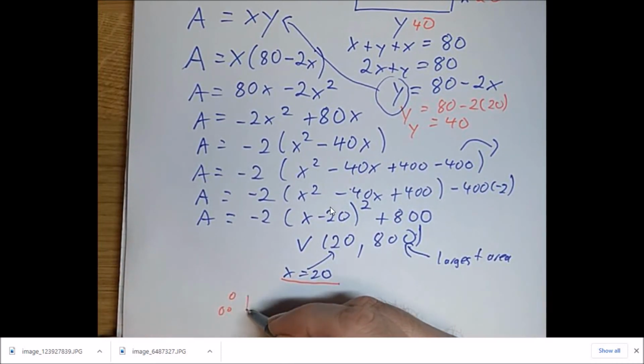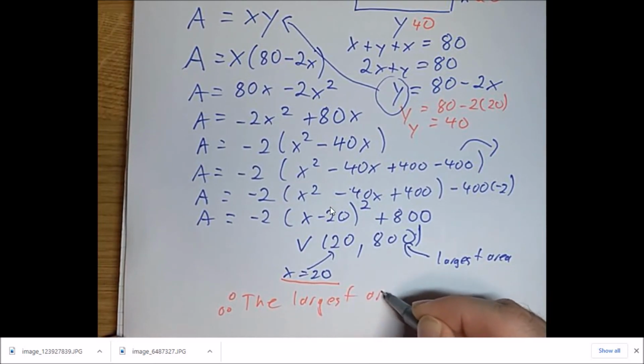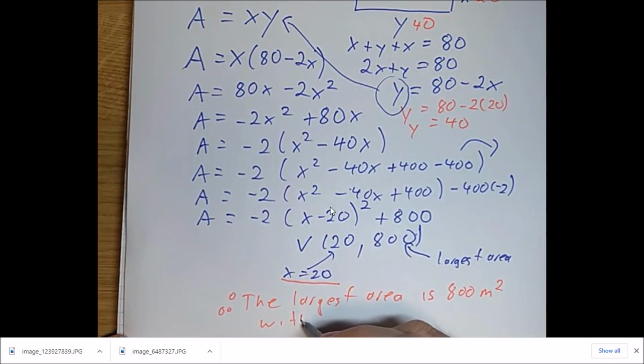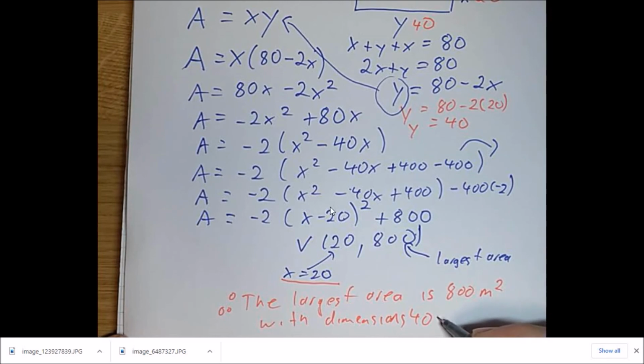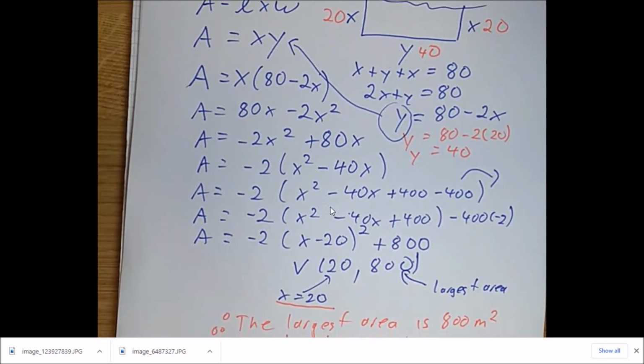Therefore, the largest area is 800 meters squared with dimensions 40 meters by 20 meters or 20 meters by 40. And you can see on the diagram, it's 20 by 40.